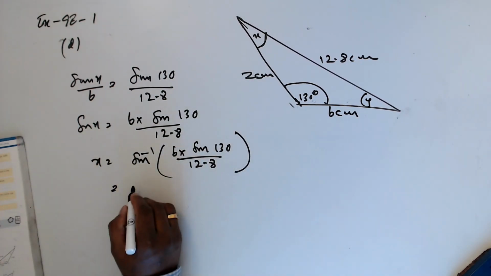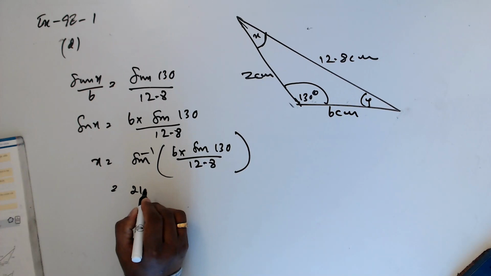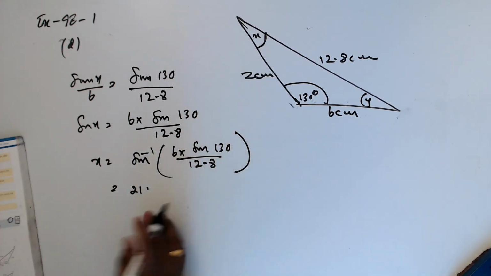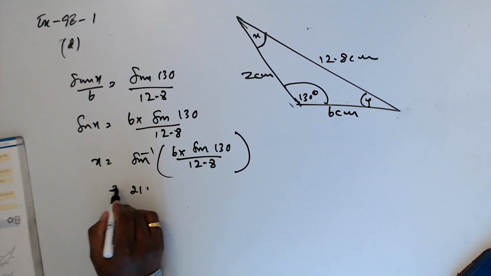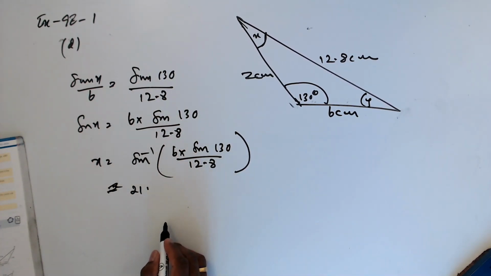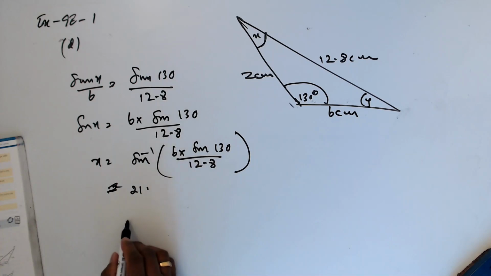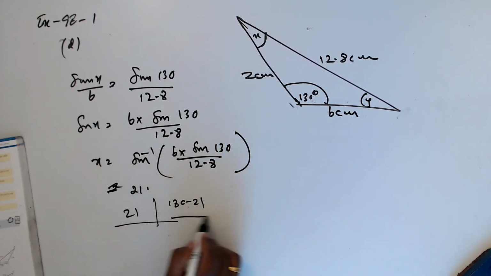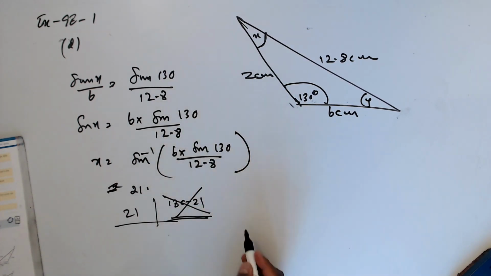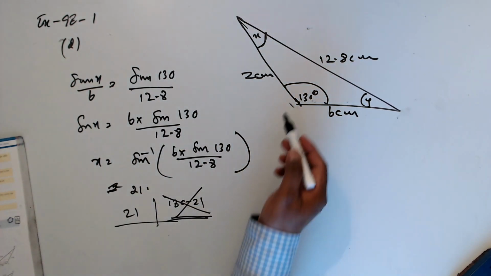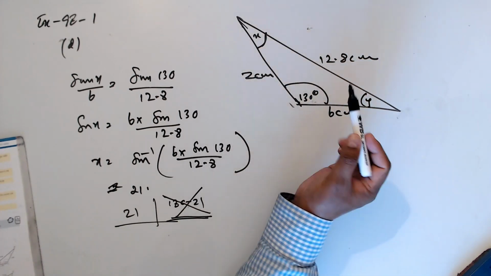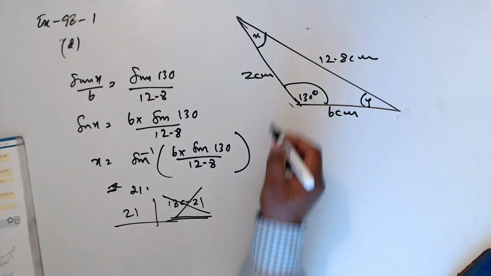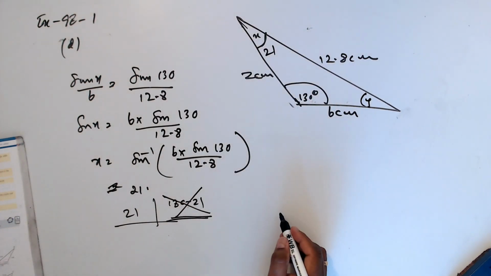So x is 21 approximately, and there are two answers, 21 and another one, 121. We don't use this one because we know definitely x is an acute angle. That's why. And then this is going to be 21.